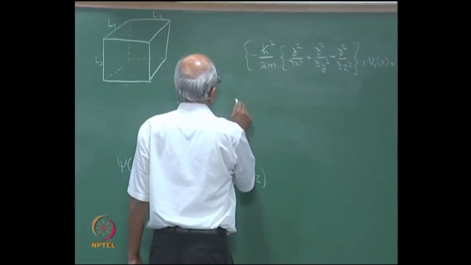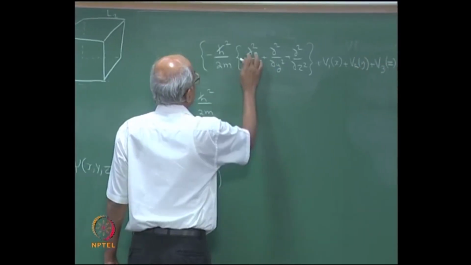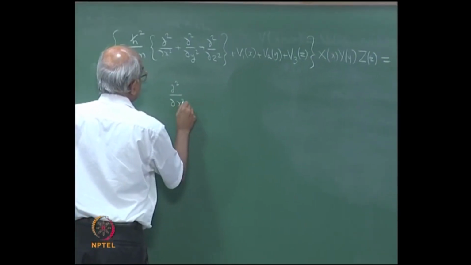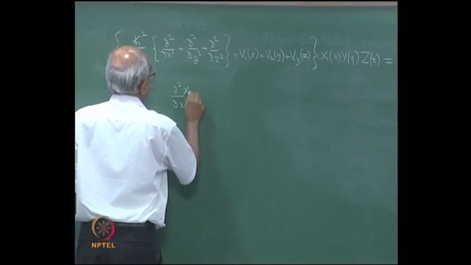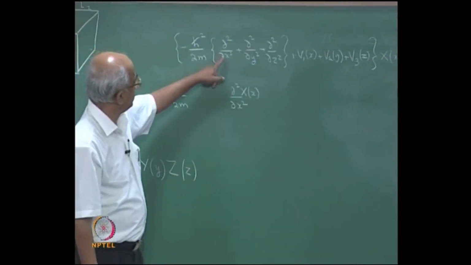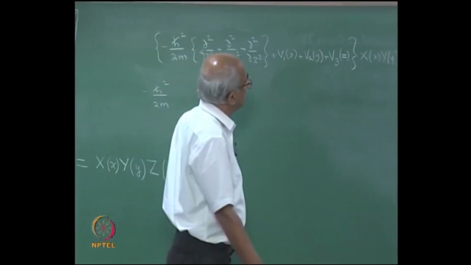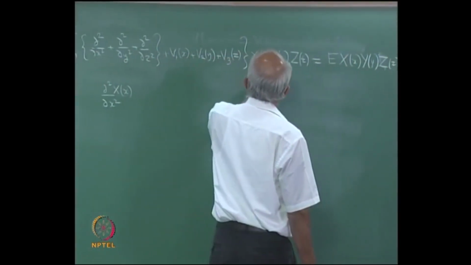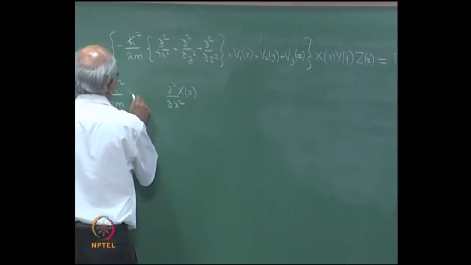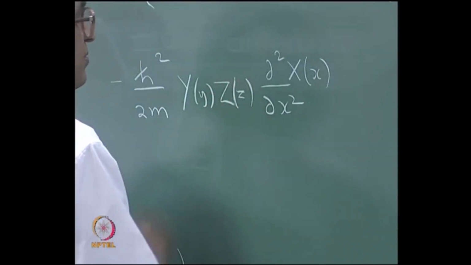So you are going to get minus h cross square by 2m, dou square upon dou x square operating upon capital X of x. Just writing the term arising from here, it will be that. And then of course you have capital Y and capital Z, but they are unaffected, so I will put them here, capital Y of y, capital Z of z.